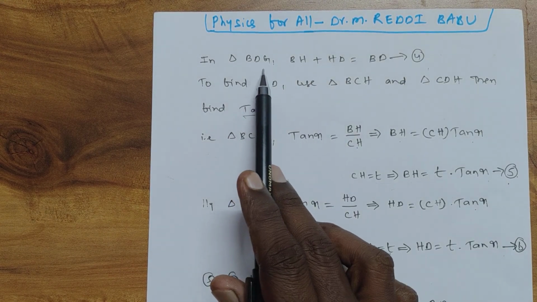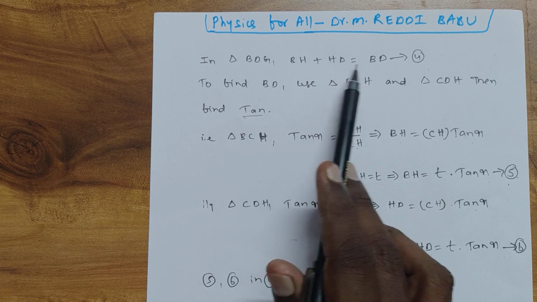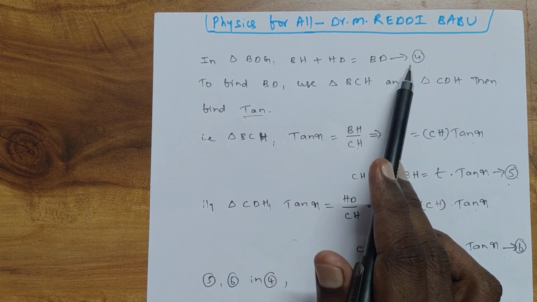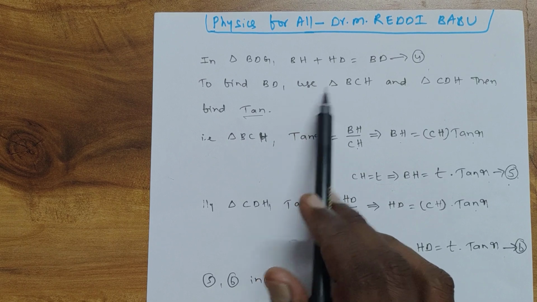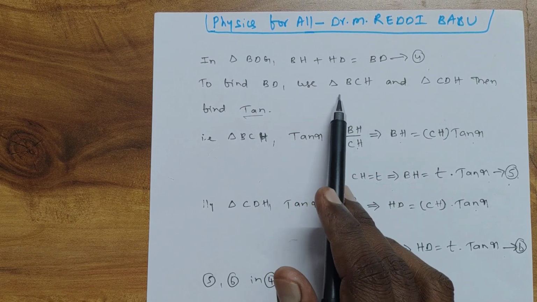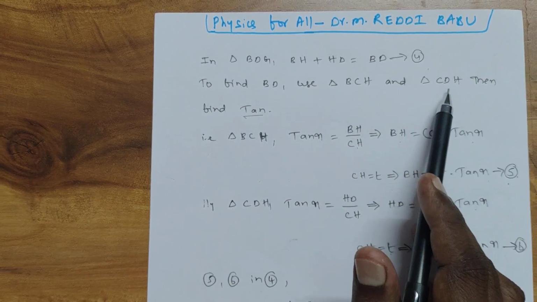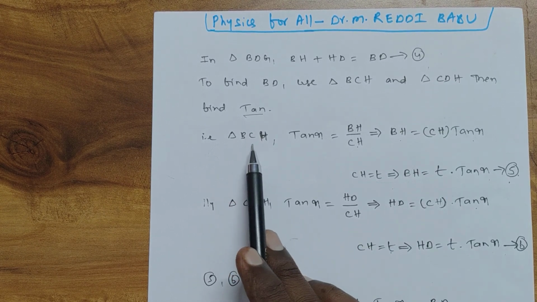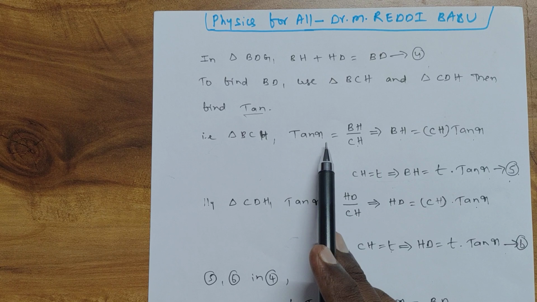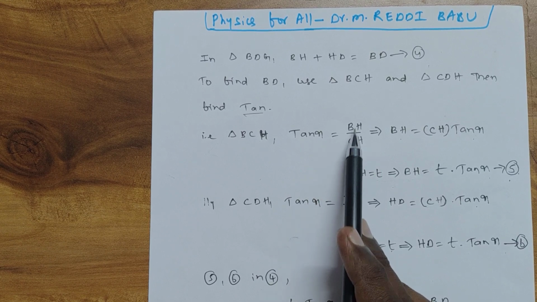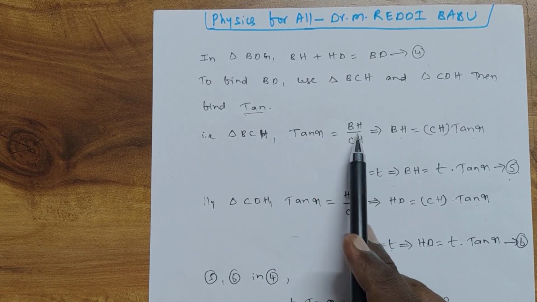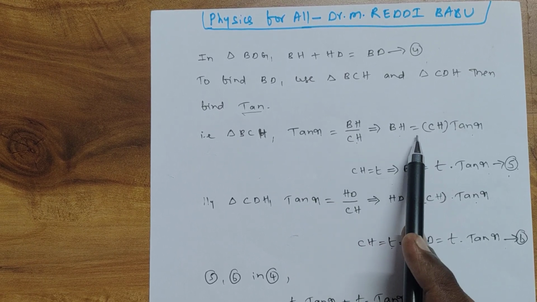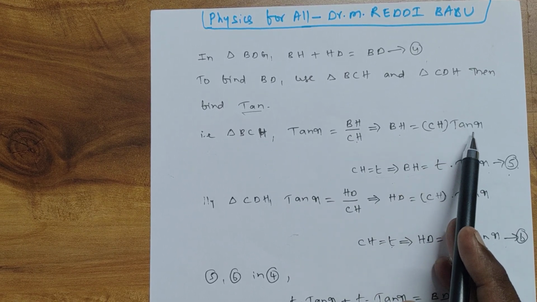Now in triangle BDG, BH plus HD is equal to BD. This is called equation number 4. Now to find BD, again use triangle BCH and triangle CDH, then find the tan function. In triangle BCH, tan r is equal to opposite side divided by adjacent side, that is BH divided by CH. That implies BH is equal to CH into tan r.